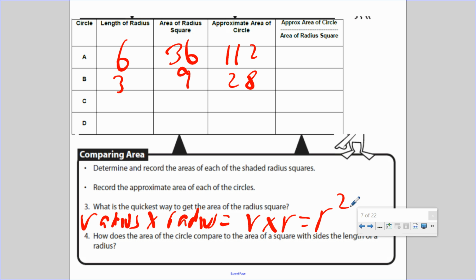Now, I would like you to find the ratio of the approximate area of the circle to the area of the radius square. So 112 divided by the area of the radius square, which is 36. The ratio is 3.11. What about this one? The ratio of circle B is 28 over 9, and that is 3.11.